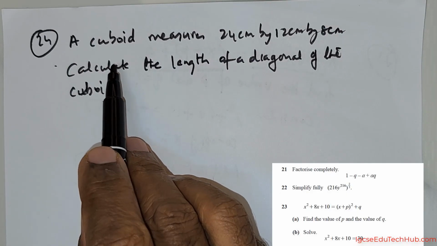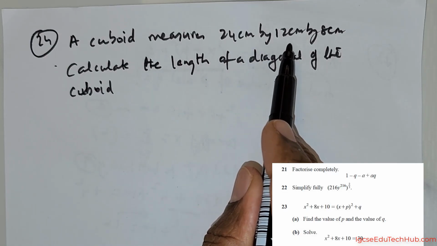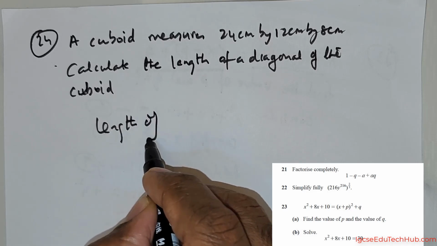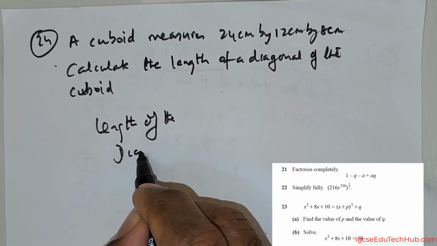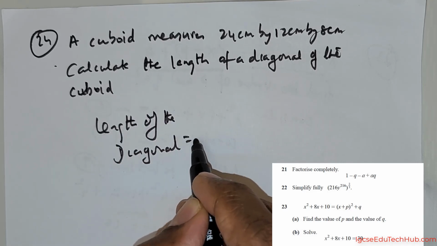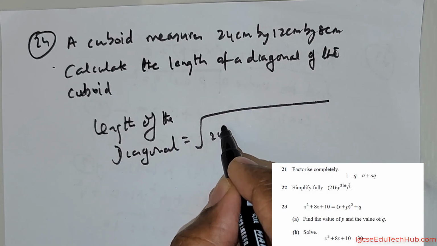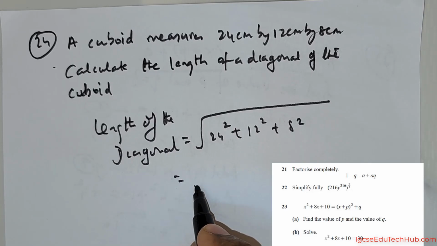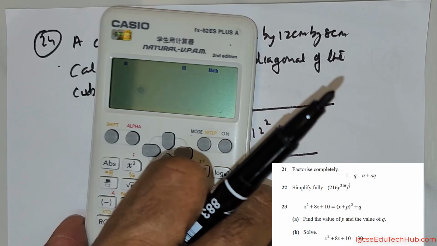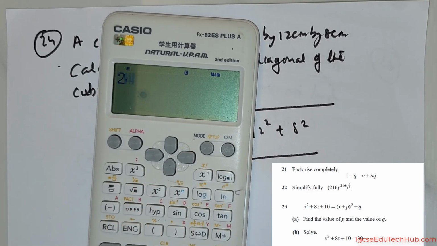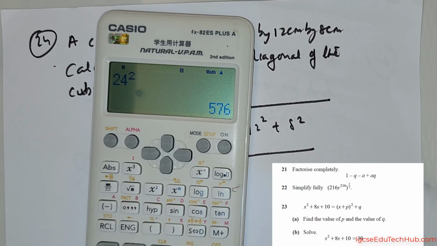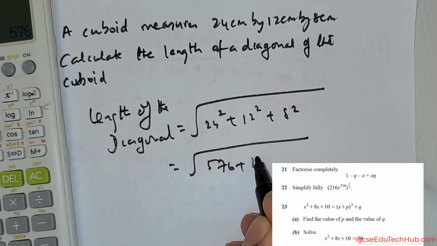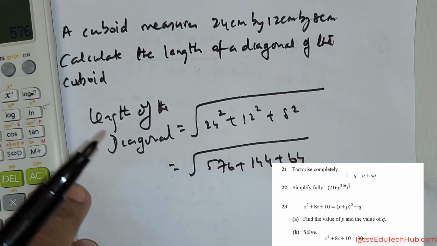So students, in this question, a cuboid measuring 24 by 12 by 8 is given. We are expected to find the length of the diagonal. Now the length of the diagonal is given by the formula √(24² + 12² + 8²). So you take 24 squared, 576, 12 squared is 144, 8 squared is 64.